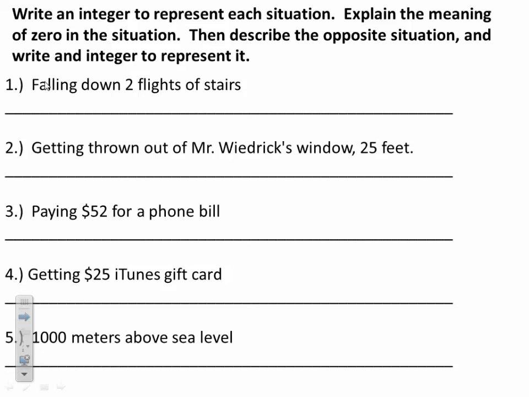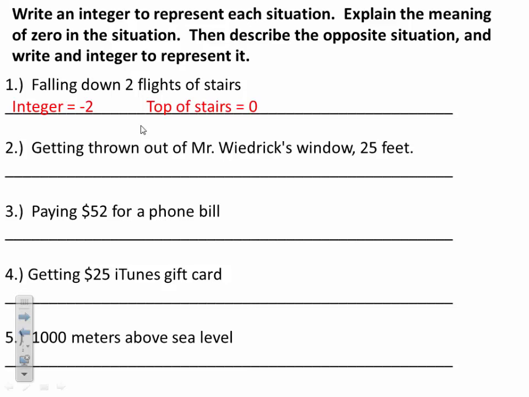Okay, so falling down 2 flights of stairs, we're going down. So the integer to describe that would be a negative number. Okay, so we're going down 2 or negative 2. The meaning of 0 would be where you started from. So in this case, we started from the top of the stairs.